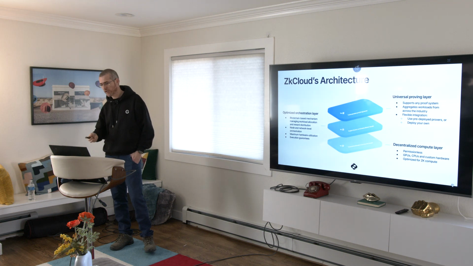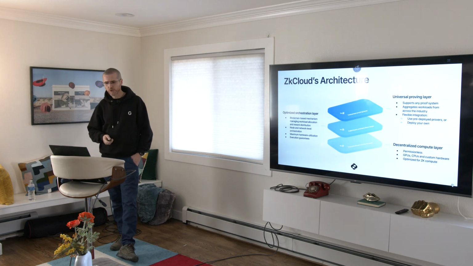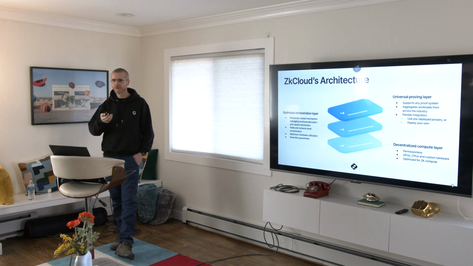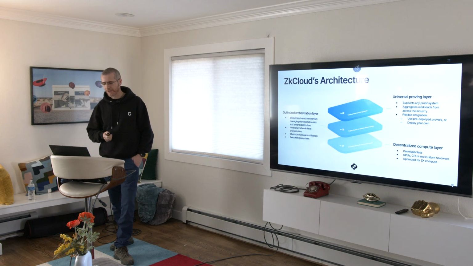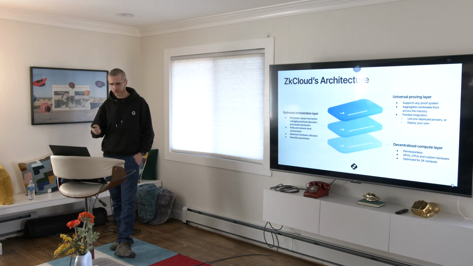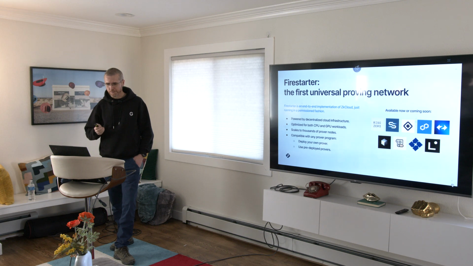And we have a decentralized compute network underneath. GPU and CPU workloads can be processed by our network. Just yesterday, we attended the Fabric event, who are building custom silicon specifically for ZK computation, and we are looking to work with them to integrate them in the network as well.